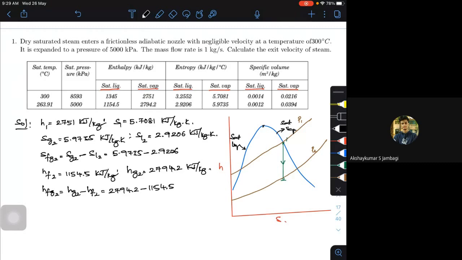What's your doubt? Sir, I have a doubt about the first row and second row. How can we get to know that? That's what I've been telling. Read the problem: dry saturated steam enters the frictionless adiabatic nozzle at a temperature of 300 degrees Celsius. So I go to the steam tables based on temperature.